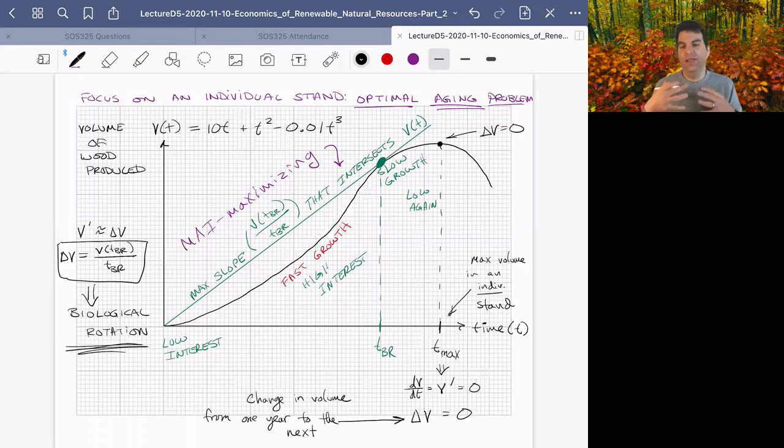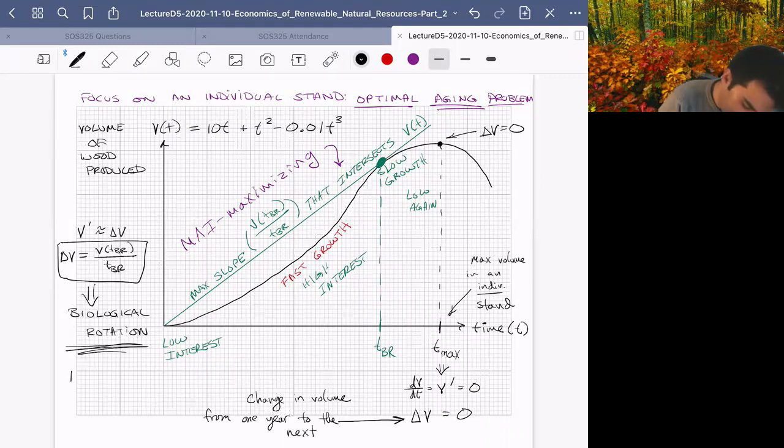So this is saying that in the biological rotation, you measure your delta V every year. You say, how much did we grow in the last year? And so on and so forth. And eventually, your instantaneous growth rate, delta V, will fall to your long-term growth rate.